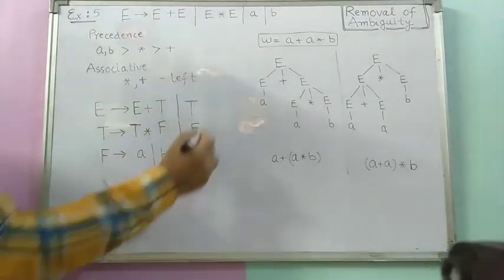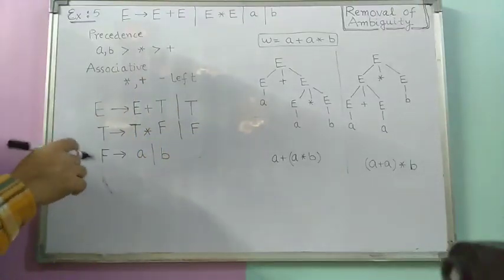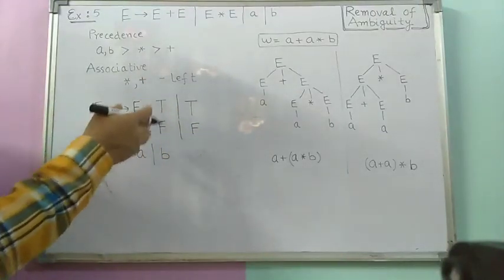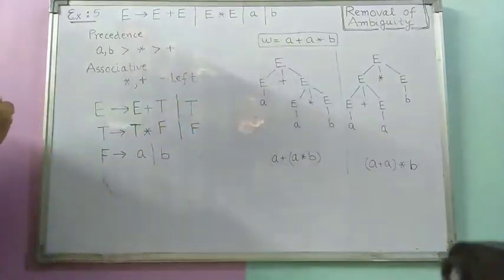So now we have defined this grammar and we claim that this grammar is not ambiguous. So let us try to generate the given word from this particular grammar.